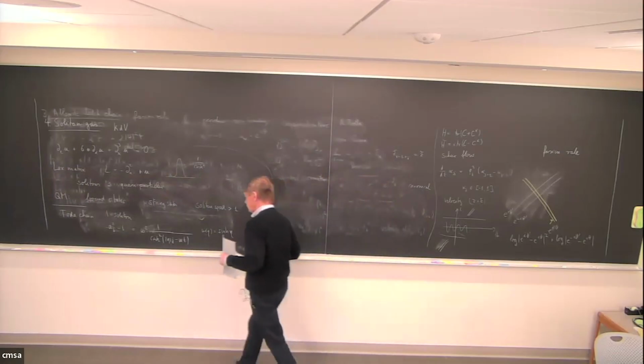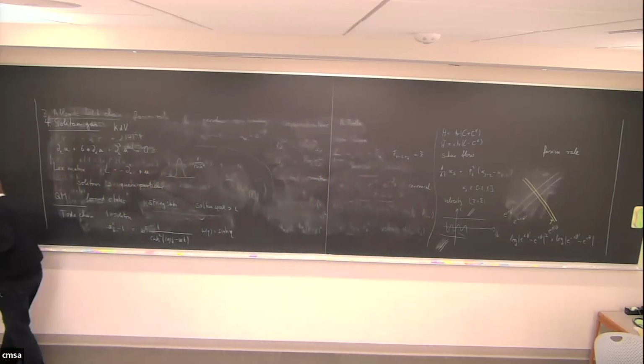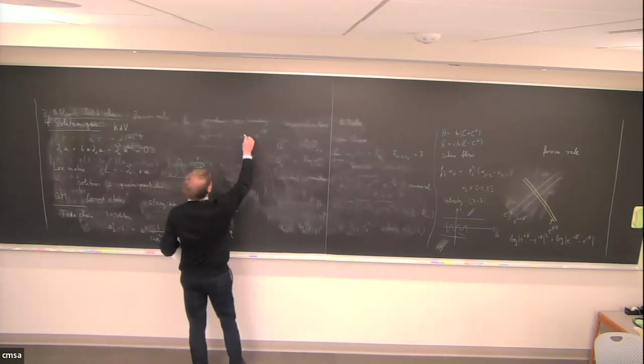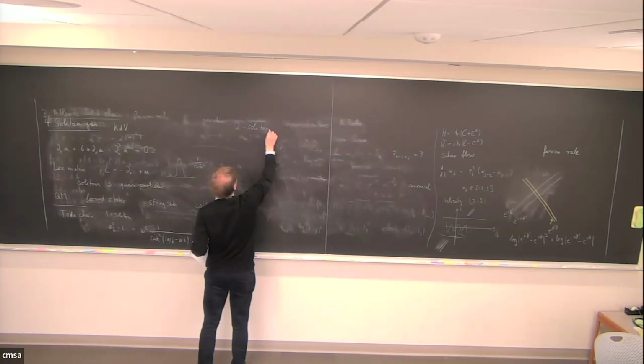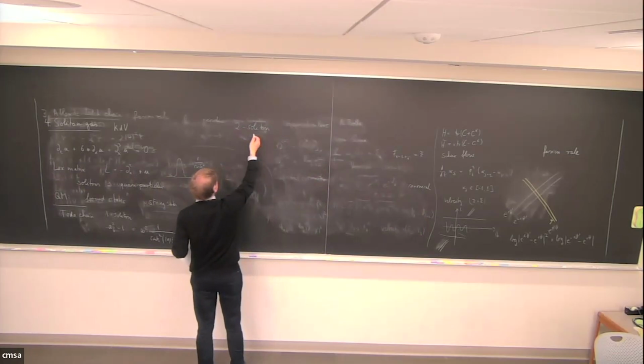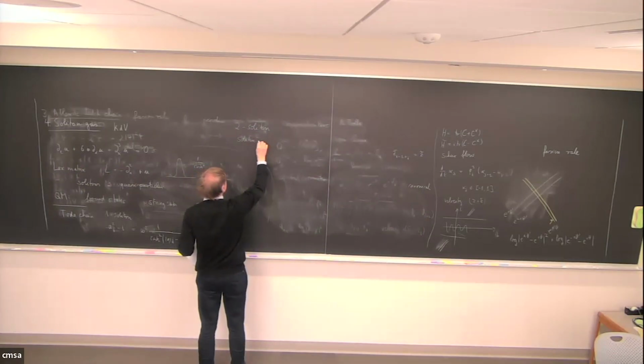Maybe I should have said this before. As a next step, you look at the two soliton. I'm not writing it down, but you can read all the things. And from the two soliton, you will compute the soliton scattering shift.